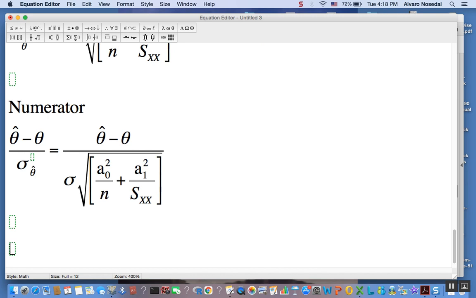You guys agree? So finding the numerator wasn't that hard. Let's talk about the denominator.